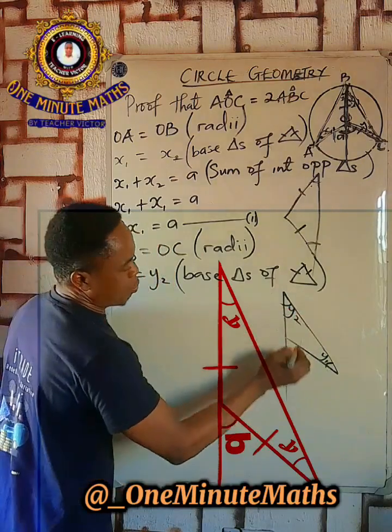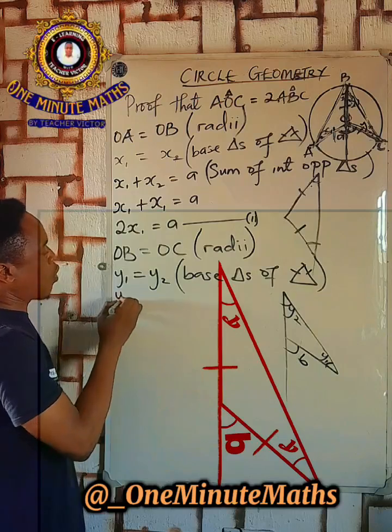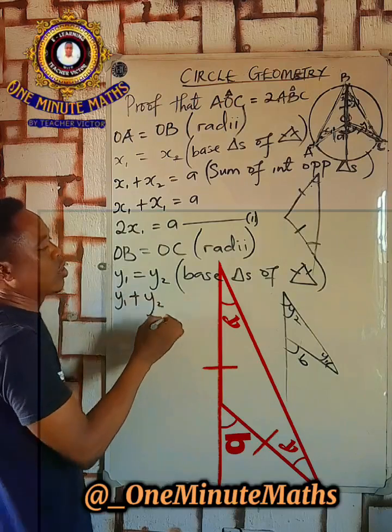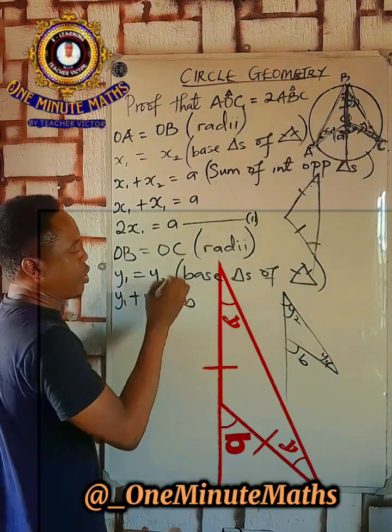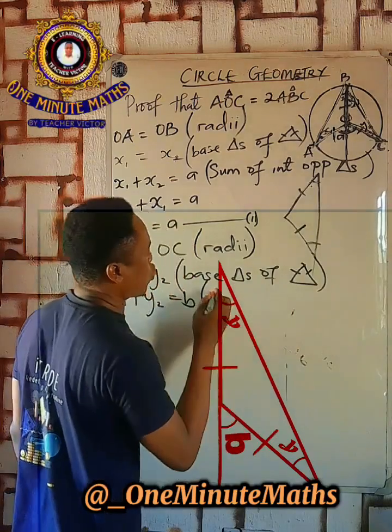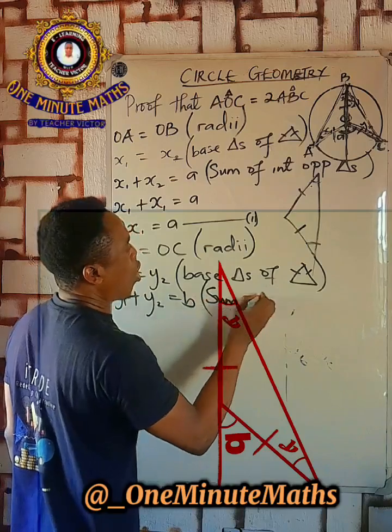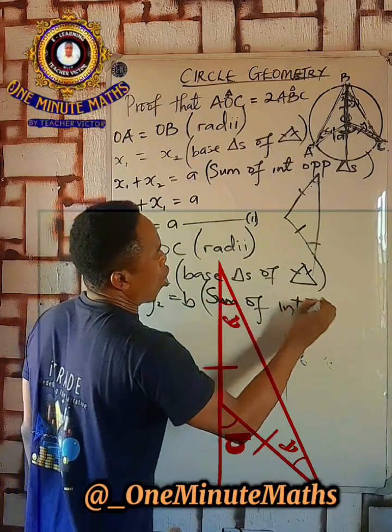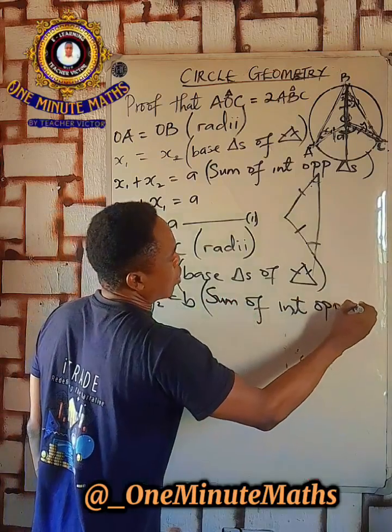In this case, let's call it b, for instance. It means that y1 plus y2 is equal to b. And that is because of the theorem of triangle that says the sum of interior opposite angles.